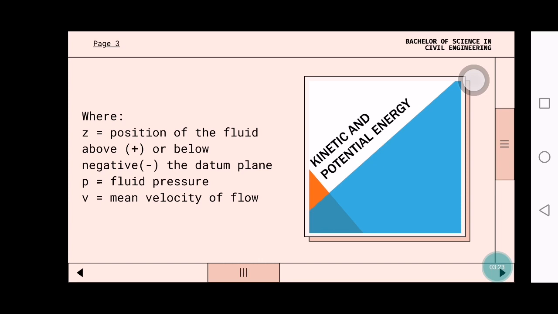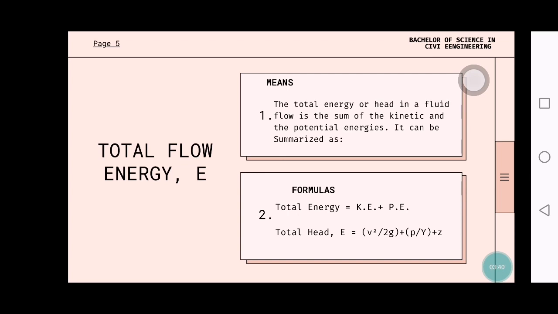Next, where Z is equal to the position of the fluid above (positive) or below (negative) the datum plane, P is equal to fluid pressure, and V is equal to mean velocity of flow. Total flow energy E, meaning the total energy or head in a fluid flow, is the sum of the kinetic and potential energies.